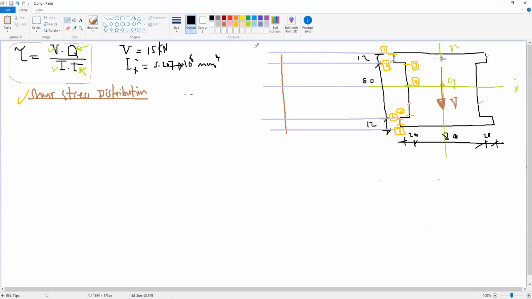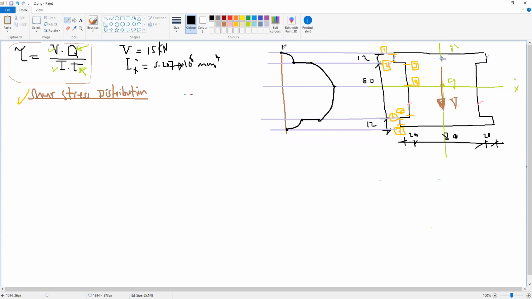If we calculate the shear stress, we will have a value of stress at 1, then value stress at 2, then value stress at 3, then value stress at 4. Then we can connect them using curved line and straight line, something like this, and then this value here, and we can connect, then a value here, then the value here will be 0.